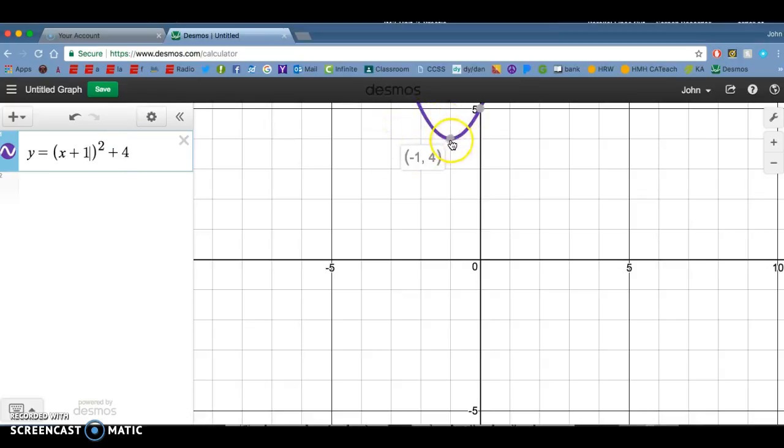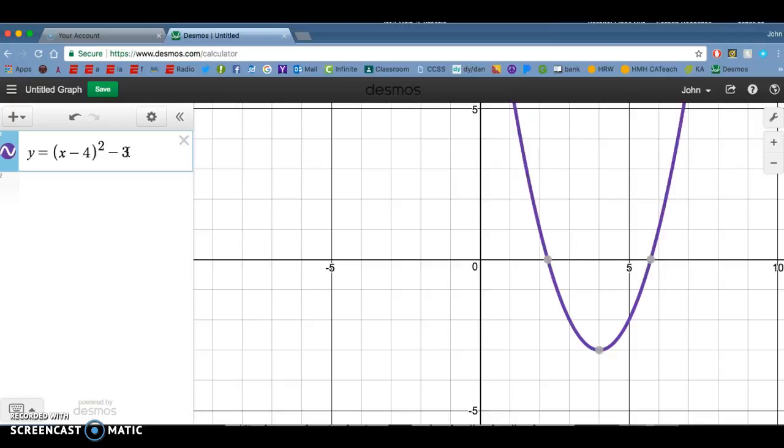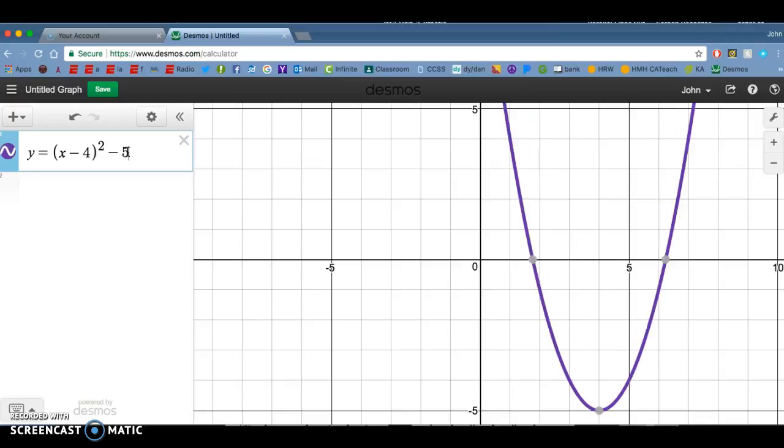So here it is at x equals -1. Here it is at x equals 4, and y equals 4 because of that. And we can move it down below the x-axis like that. So we have all the power in the world with these two numbers here, which you can change to match wherever you want this vertex here to be.